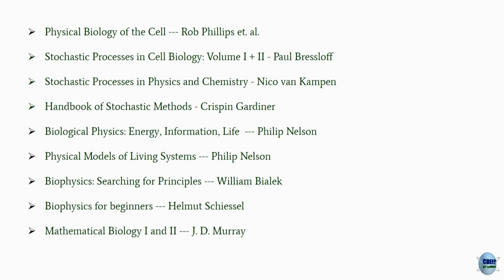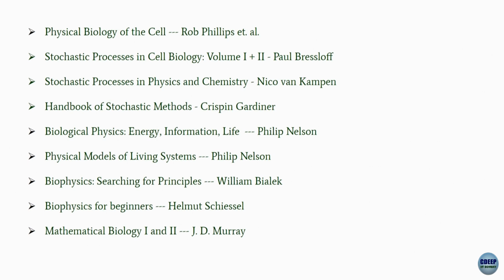The remaining ones are, again, perhaps not particularly to do with the course. These are simply a set of good biological physics books if you're interested in biological physics as a subject from different perspectives. Phil Nelson has these two books about biological physics. Bialek has this very nice book about the overarching physical principles behind biological organization.